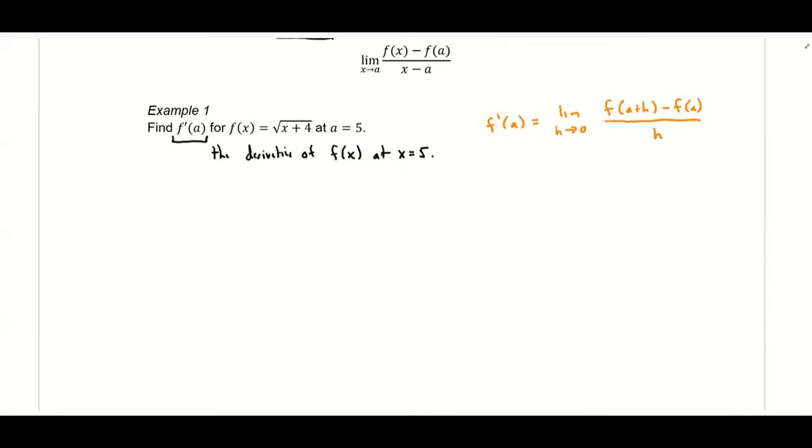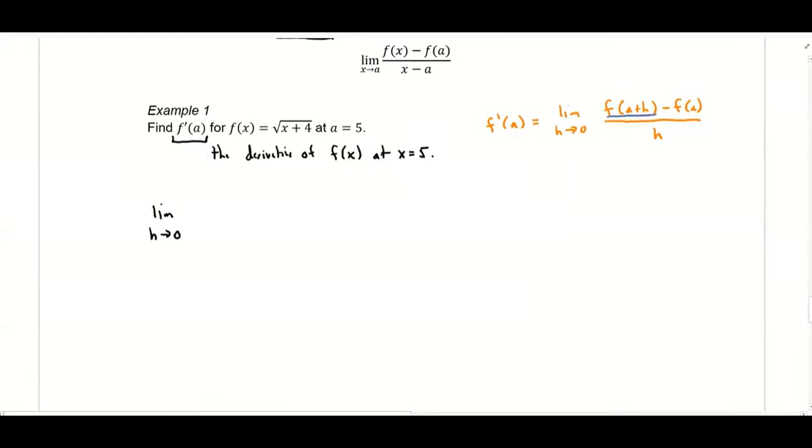All right, so let's see if we can fill in this form of the limit definition of the derivative and then see if we can figure out the limit. So I'm taking the limit as h goes to 0 of this thing. Let's start with this piece. I'm going to color code this.